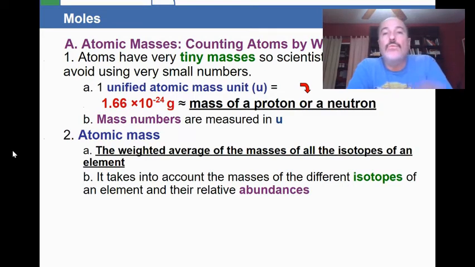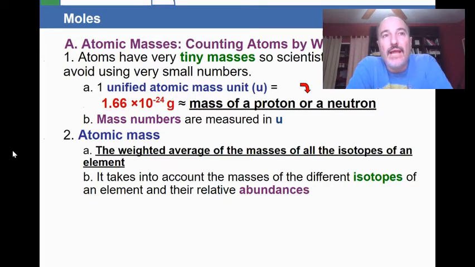Well, when you look on the periodic table, the number that you see there for carbon is not either 12 or 14. It's actually like 12.011. And it's a fraction, a decimal.